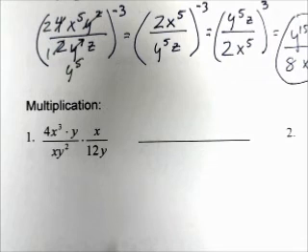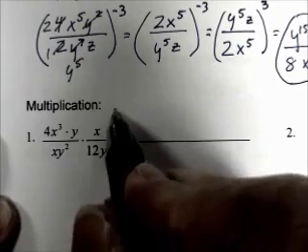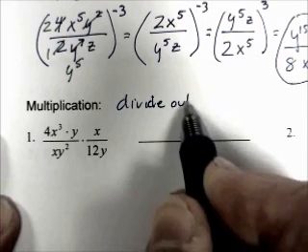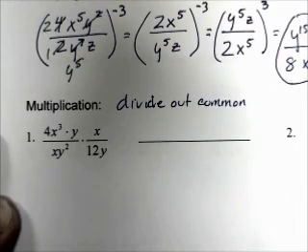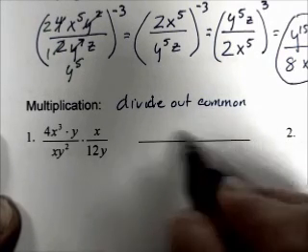Now, just as when we were multiplying rational expressions, we would divide out common factors. Divide out common factors to numerators and denominators first.